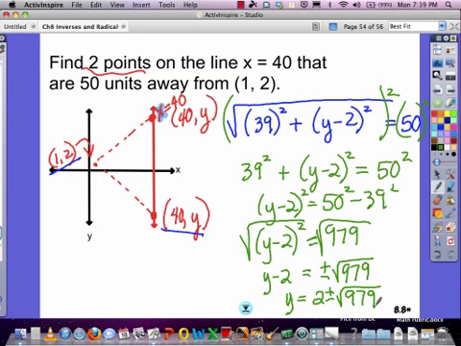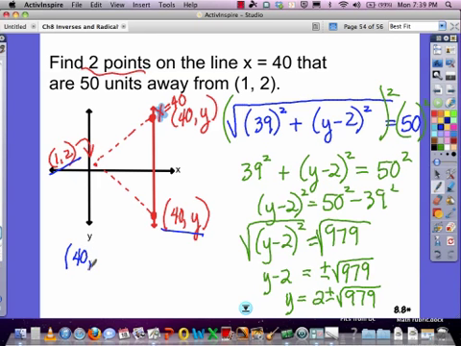And I'm looking for our example on this one. So now if we have this messy combination, those are our y values. So if you go back to the original problem, we would have our 2 points being 40 was our x value.